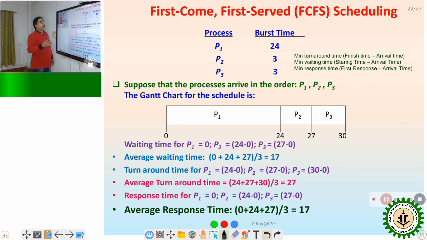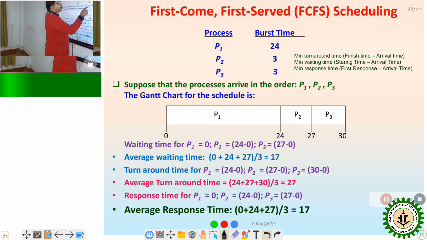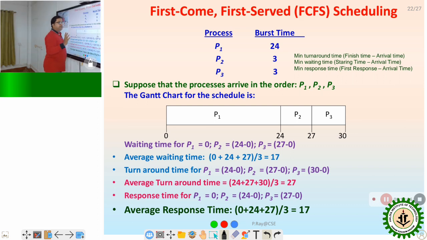Okay. So how do we represent this particular scheduling using a pictorial form of representation? We call this a Gantt chart. Now in the Gantt chart, you may observe how we are scheduling this. Normally, the processes arrive in the order P1, P2, P3.